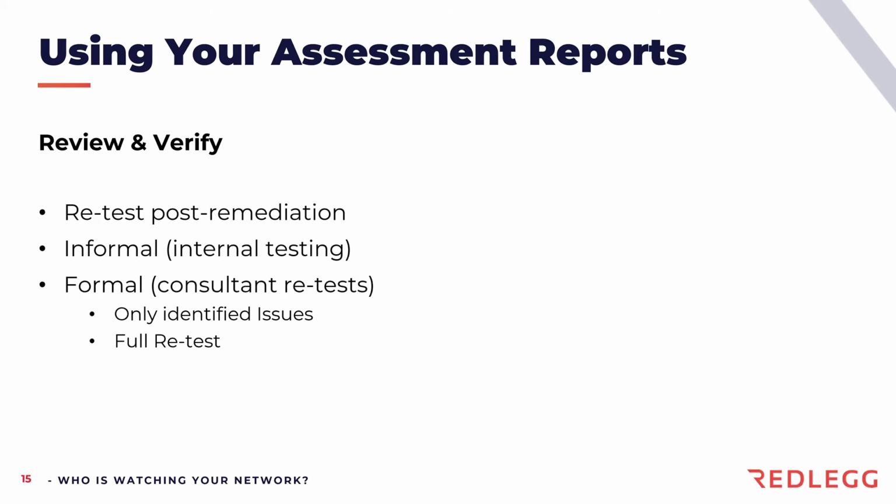Now, once the remediation has been performed, the next thing you need to do is review that remediation and verify that it has actually done what it was supposed to do and fixed any of the vulnerabilities or entry points that we've discovered in the VA.